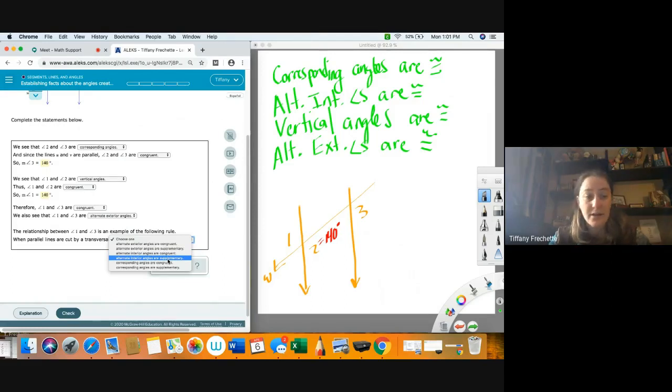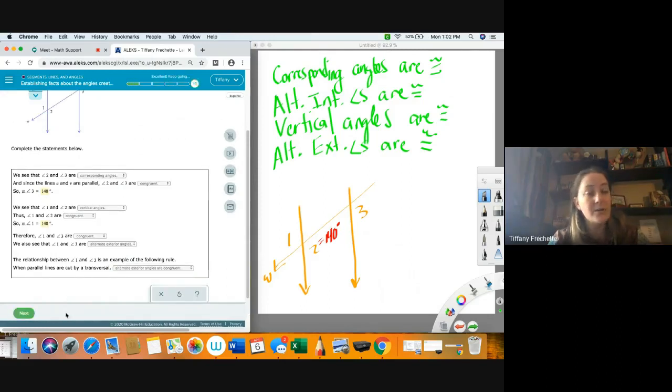That's never true. Corresponding angles are congruent. That's a true statement, but it's not this case. Corresponding angles are supplementary. That's never true. All right, so we just have to figure out which one is correct for this one. So we know it's alternate exterior angles, and alternate exterior angles are always congruent. So we click check, and ta-da, we have our answer.